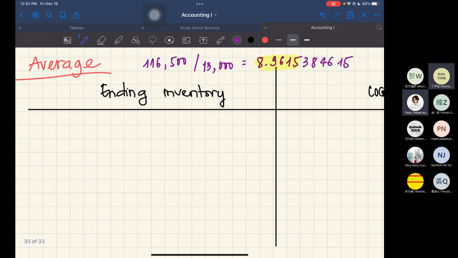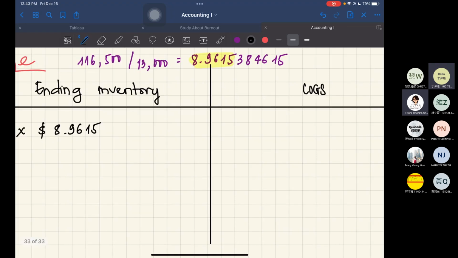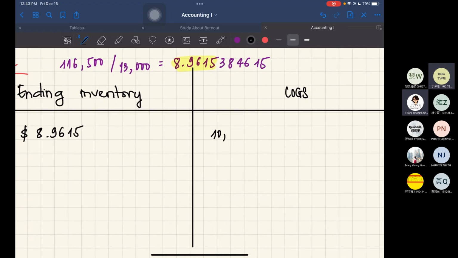Here it is easier because we know that we have 3,000 left in stock. So we just take this and multiply with this unit cost. For the cost of goods sold, we know that we sold 10,000 items, so we just multiply with this unit cost.